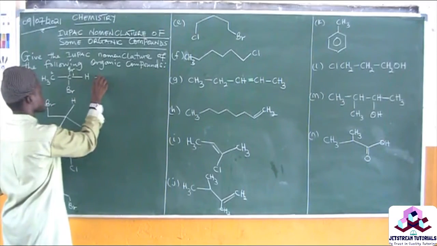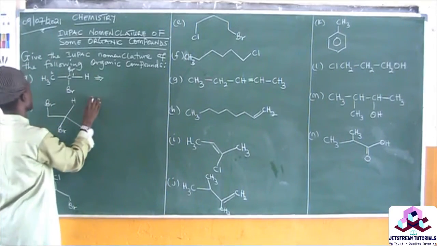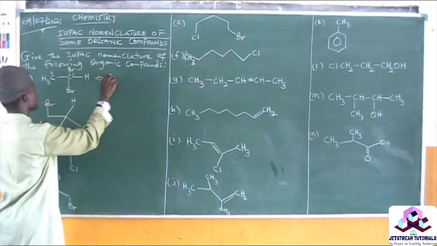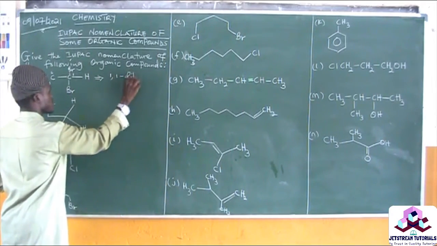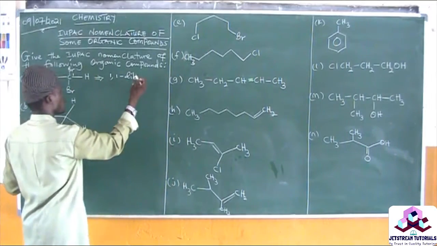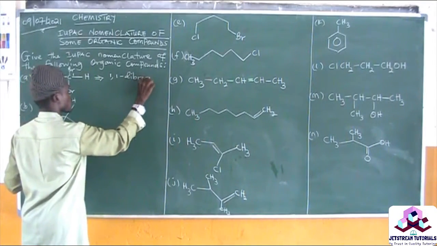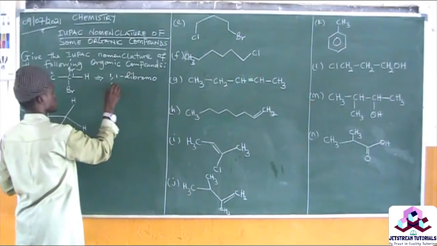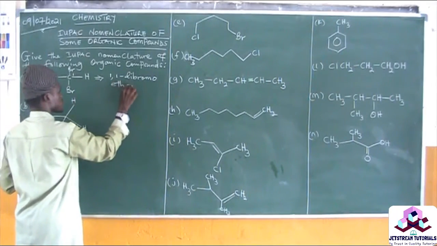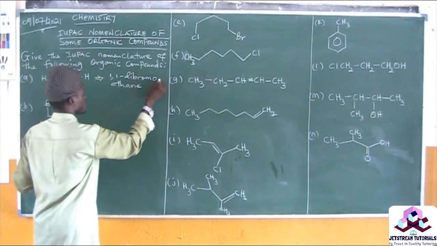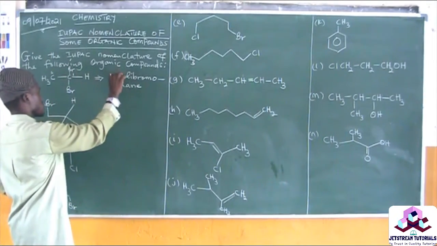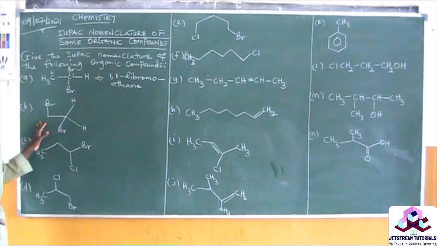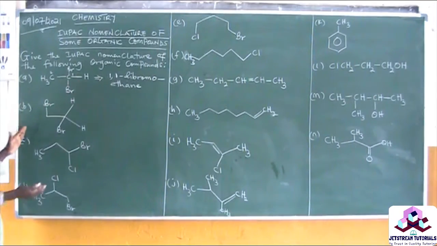So this is now going to imply that we have 1,1-di, bromoethane. Is that understood? Yes. So 1,1-dibromoethane is the name of this very particular organic compound, as we can see here, being a saturated alkane.